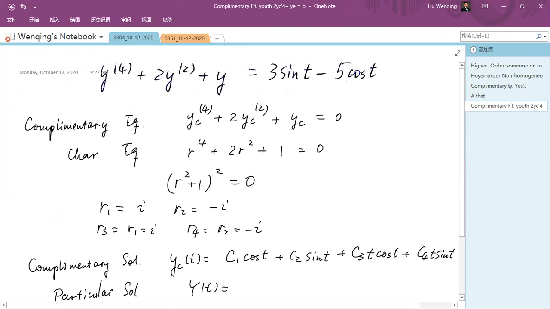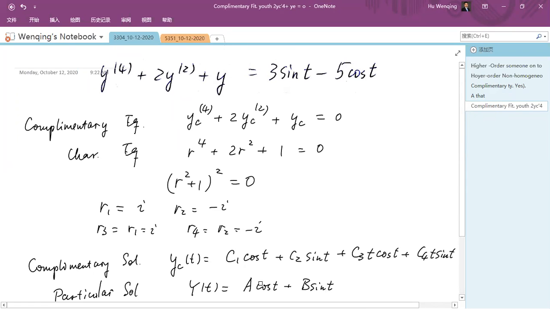So according to our principle for finding particular solutions by the method of undetermined coefficients, you're going to just try a cosine t plus b times sine t.